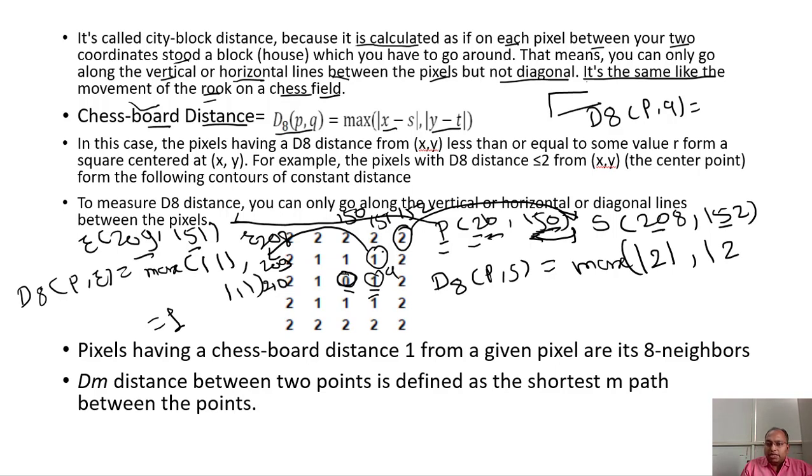It is also resulting in -2, but we are considering that mod is there, so what will be the maximum distance? Definitely 2, right? So remember that, that's why it is coming as 2. I hope with this example you understood how to find the chessboard distance between different pixels. Is that fine? Okay, great.